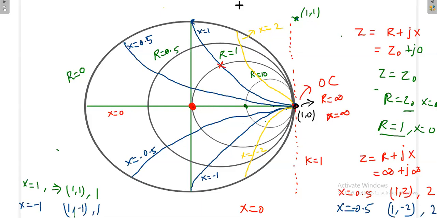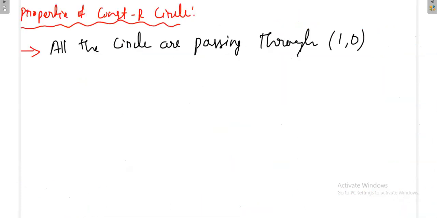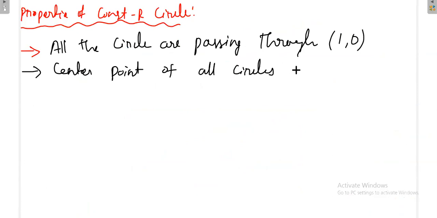Okay, so center point of all circles lies between 0, 0 and 1, 0.